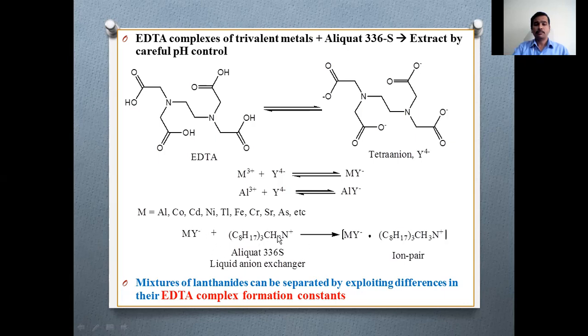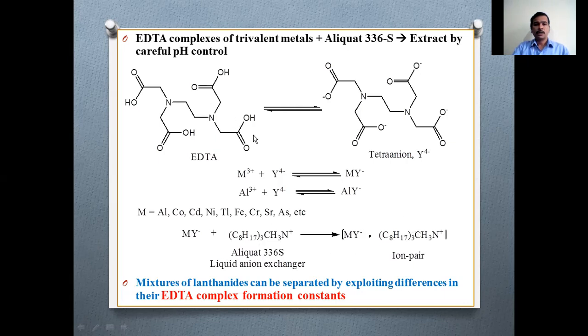So anion plus cation, you will get an ionic aggregate, cation and anion. So this is the metal EDTA complex. This is from Aliquat 336S, tri-n-caprylyl methyl ammonium chloride. Chloride will be the exchanger here. Chloride is exchanged by the metal EDTA complex. The metal EDTA complex is anionic in nature, that is substituted in place of chloride. So very simple to understand here.